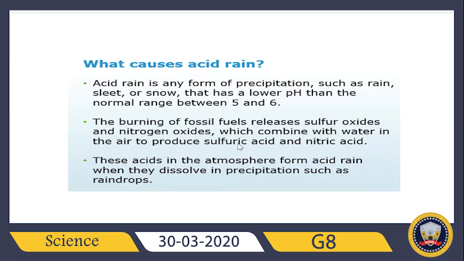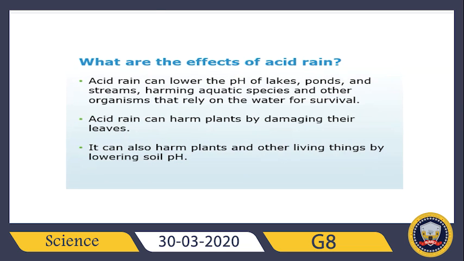Then these acids accumulate in the atmosphere, and in rainy weather they form acid rain when they dissolve in precipitation such as raindrops. So now this acid rain can lower the pH of lakes, ponds, and all the water bodies, harming aquatic species and other organisms that rely on the water for survival.